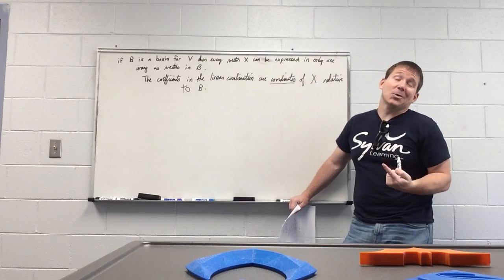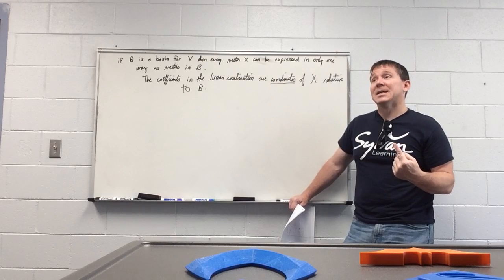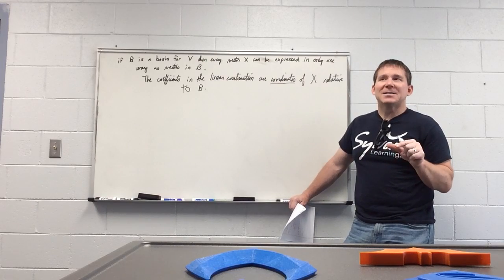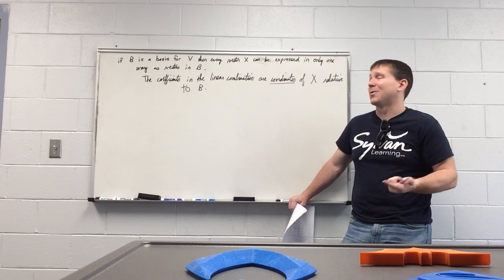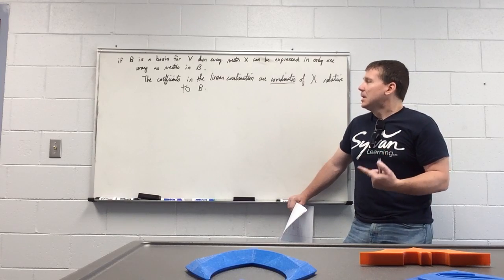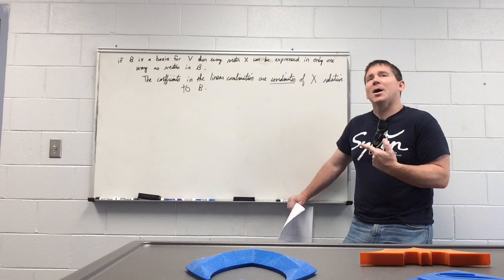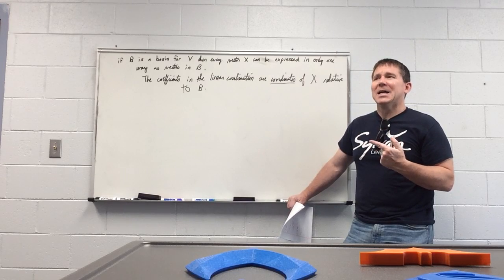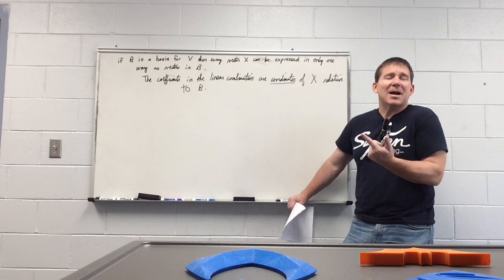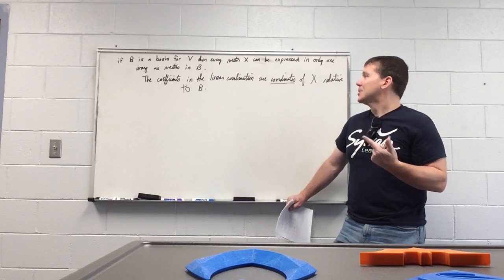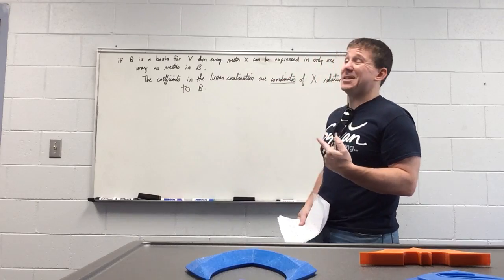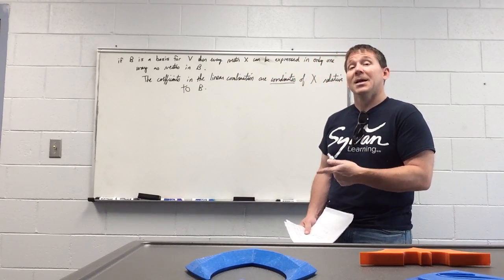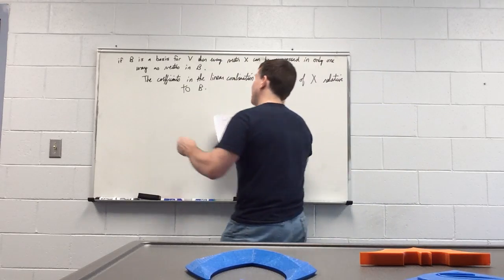Now we're going to think about these vectors, at least briefly, as literal vectors that we can graph out, that we have graphed out in R2 or R3, which means we're talking about coordinates, which means order matters. In R2, they're ordered pairs. So order matters here, which means a lot of times we don't call B a basis, we call it an ordered basis, because the order is deliberate.